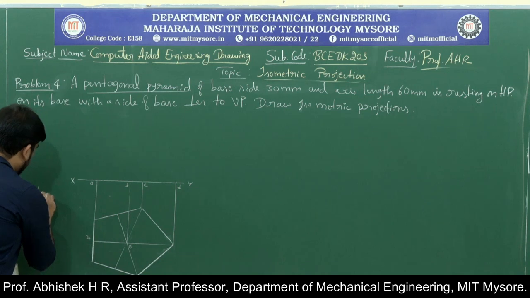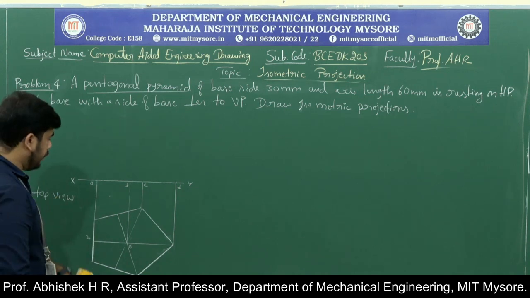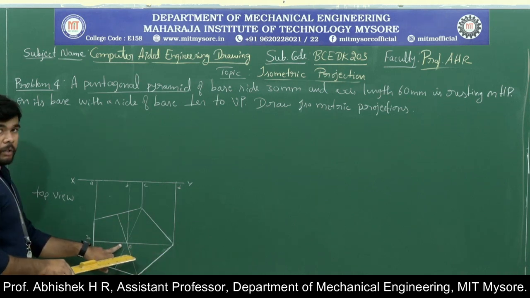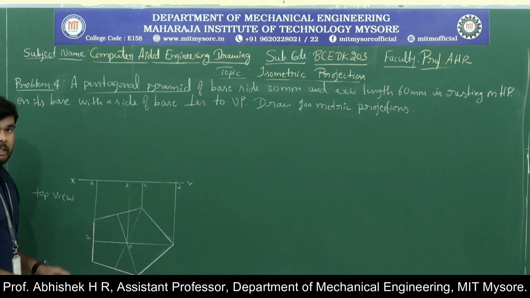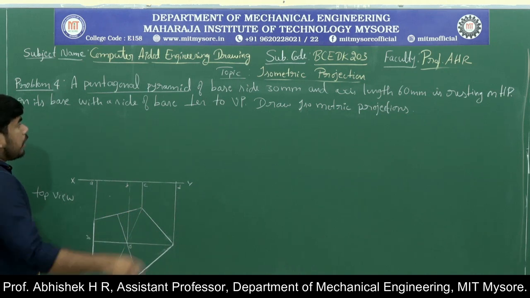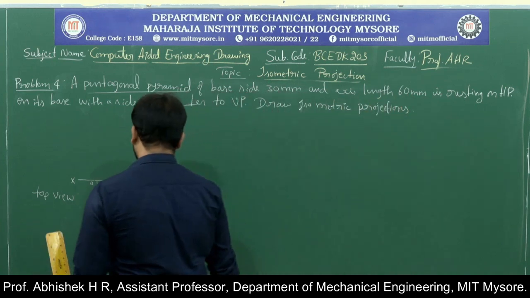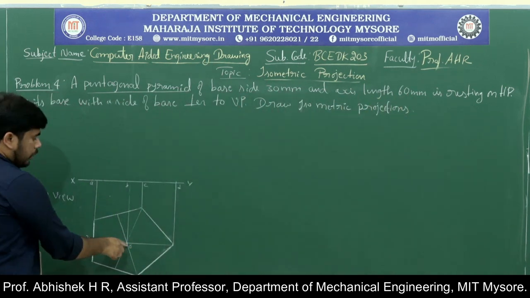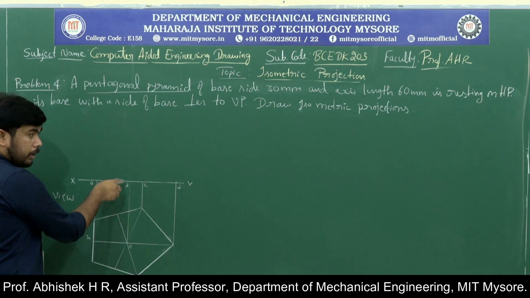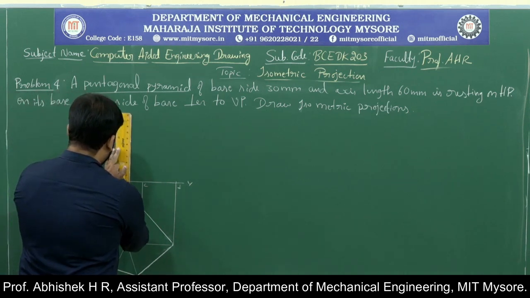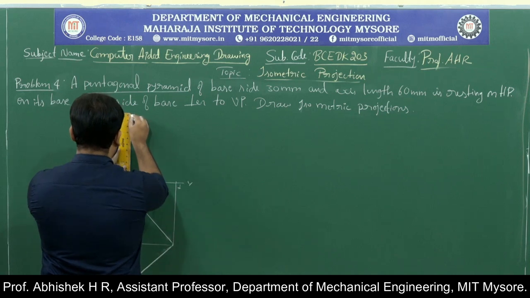So this is the top view. We need to draw the pentagon of sides 30 mm, then find the midpoint, then we can project the lines. So now what is the height of this pyramid? 60 mm axis length. So this is the center axis for this pentagon. From this we need to take a height of 60 mm axis length.